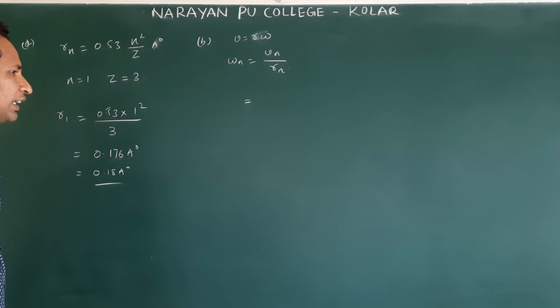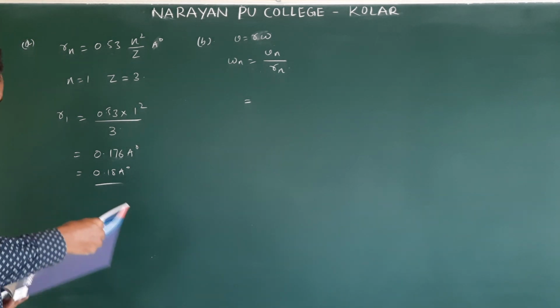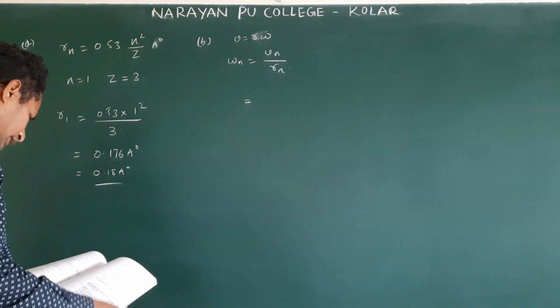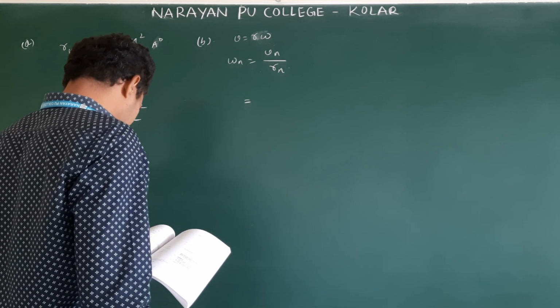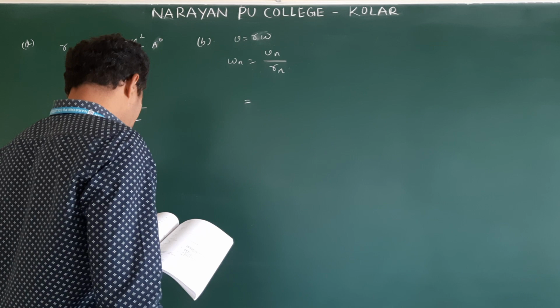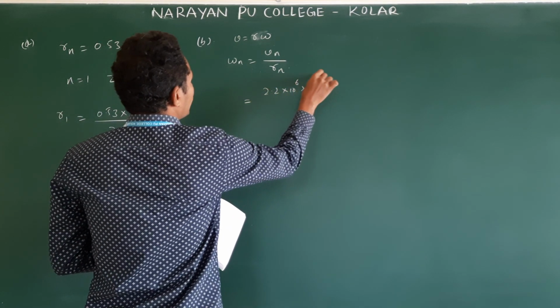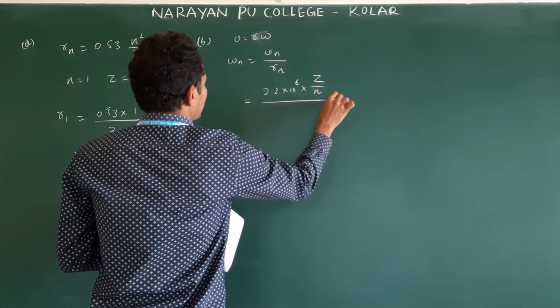Okay, the Vn relation we have already done. What is the Vn relation for a hydrogen atom? Vn value is 2.2 into 10 power 6 into Z by n.